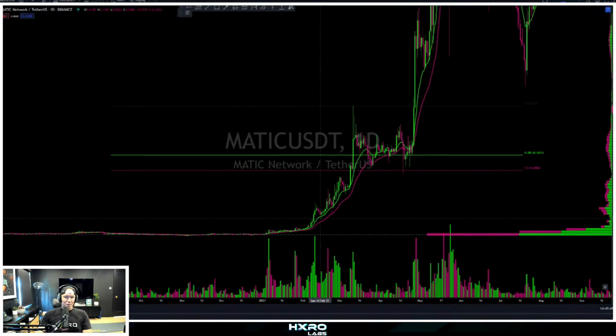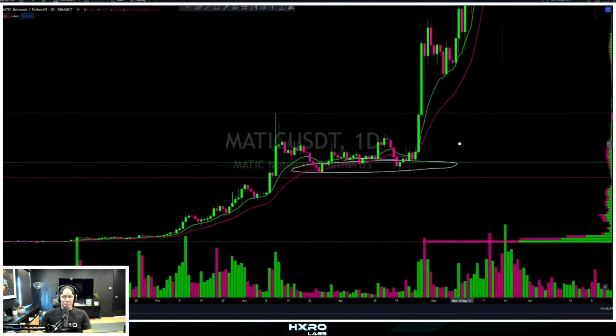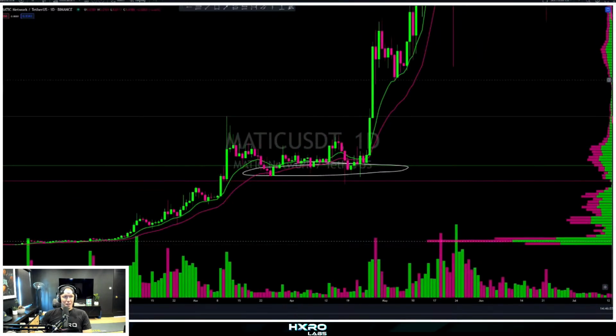I said, look, I don't ever want to FOMO into a 20% candle day. But without fail, almost every one of these assets will at some point come down and at least test this 382.5 level. And take it a step further, you can even wait till it gets into here.